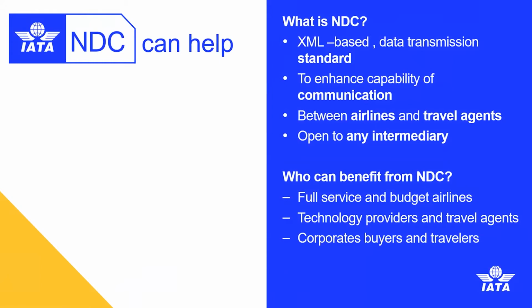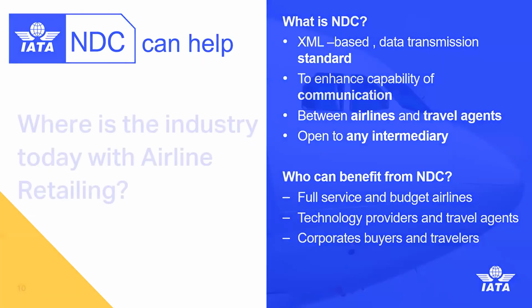So NDC is basically a data exchange format based on offer and order management processes for airlines to create and distribute relevant offers to customers, regardless of the distribution channel. It's not a business model, as was mentioned. It's not a database, and it's not a system. It's only data transmission standards.